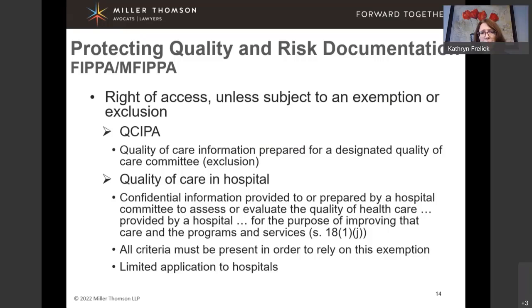Well, there are a number of different tools that you have in your toolbox for dealing with protecting quality and risk documentation.